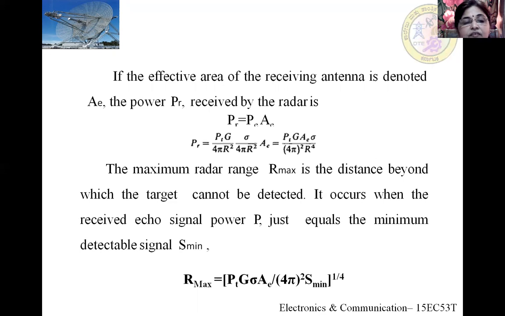It occurs when the received echo signal power PR just equals the minimum detectable signal S minimum. When the maximum radar range is reached, the received signal is minimum. The received detectable signal is minimum, so let us call it S minimum.